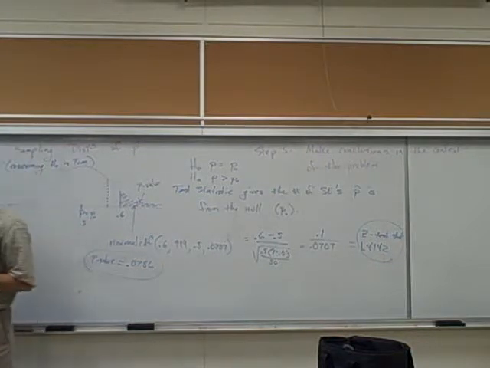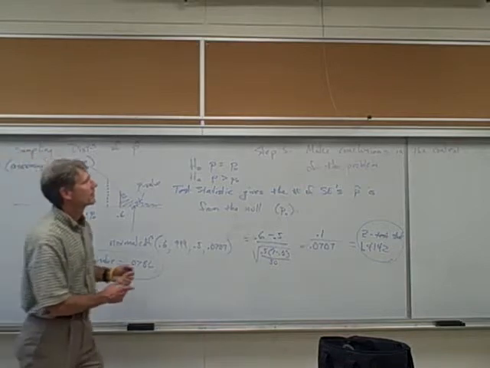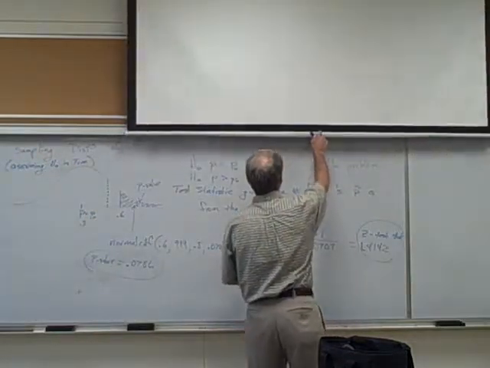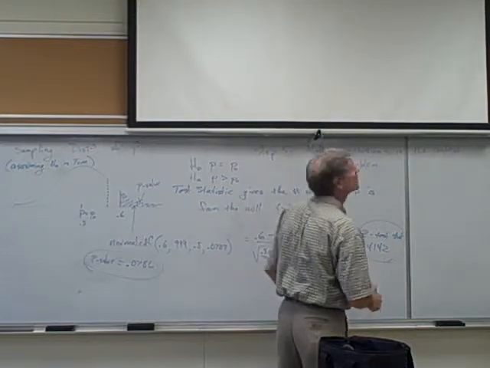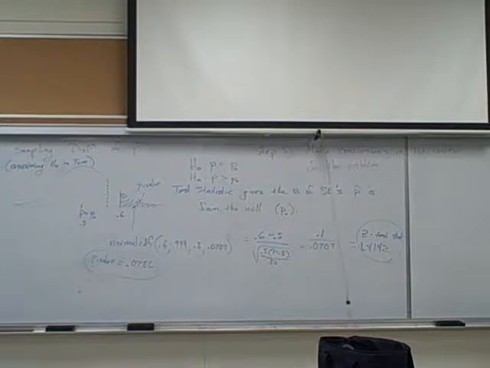Okay? Now, get your calculators. Oh, that's the wrong button. How do you do the p-value again on your normal CDF? Okay. Now we're going to do it using the TI-83.